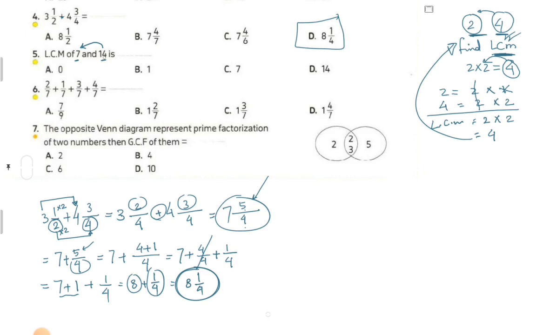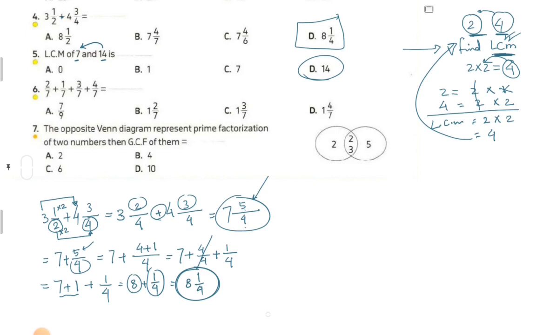I just told you, when I find two numbers, one of them a multiple of the other, directly I can guess the LCM is the greatest one because it's a multiple of the other. Okay, now I cancel that. 7 and 14, the LCM of the two numbers here is the biggest one, 14.